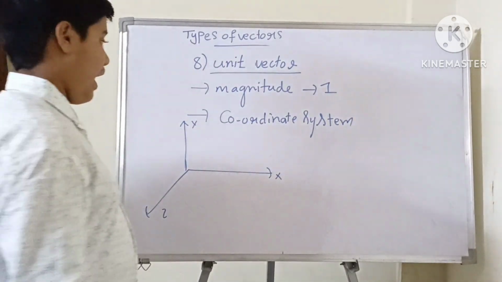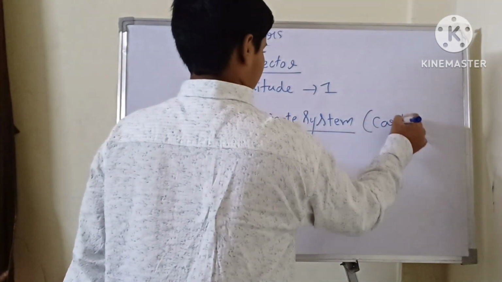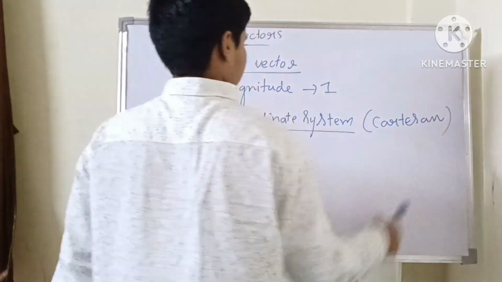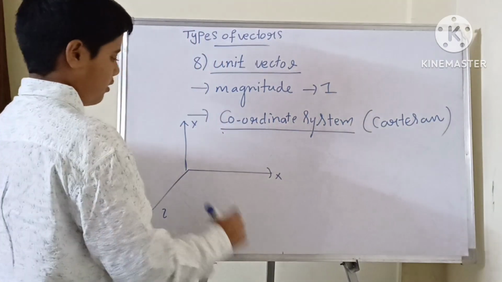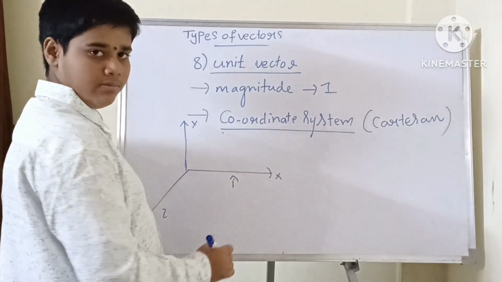This is the Cartesian coordinate system. In the x axis we represent i cap.